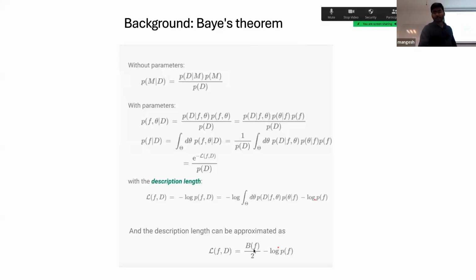This is the Bayesian information criterion, which basically calculates the best fit to your data. And this is P of F, the prior probability density function on your function space, all kinds of functions. So it's a balance between the two. It tries to keep the function simple while keeping the best fit.